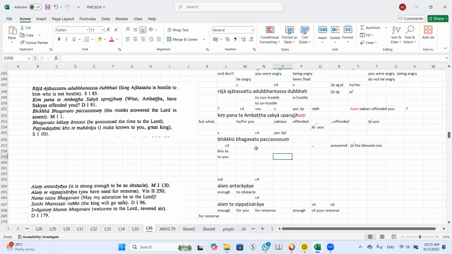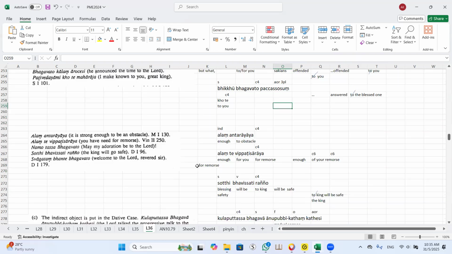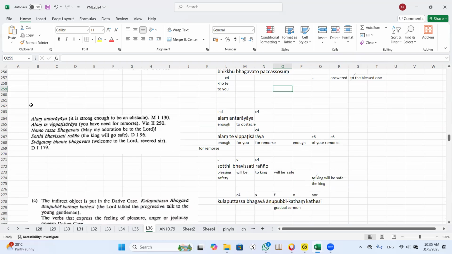Okay, move on. This one is the same. No need to mention. So the next one is the word alam antaraya. Okay, here it means that the word is strong enough. So here you can see the word alam is inclined, the verb.